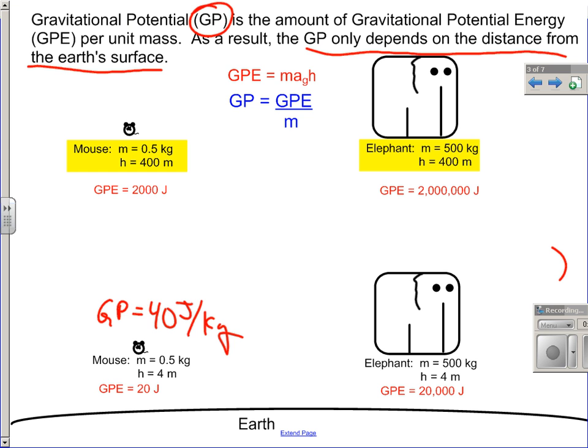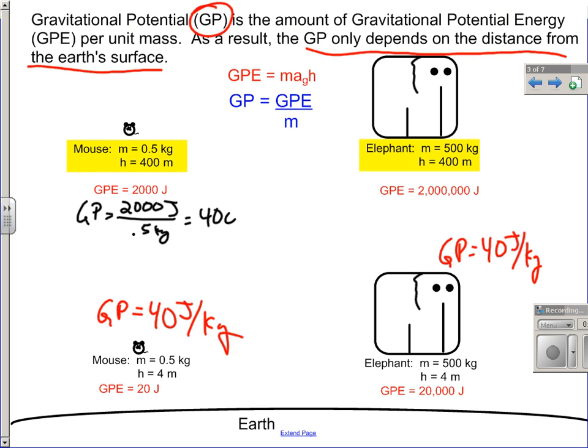Over here, the gravitational potential of the lower elephant was 40 joules per kilogram. So now let's do the elephant and the mouse that have been lifted up. For this one, the gravitational potential is going to be 2,000 joules, the GPE, divided by his mass, 0.5 kilograms, and you get 4,000 joules per kilogram.